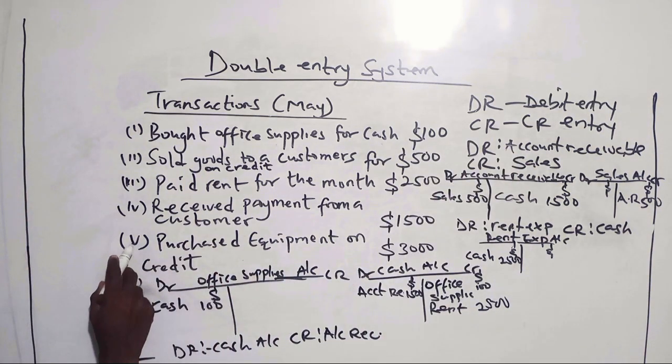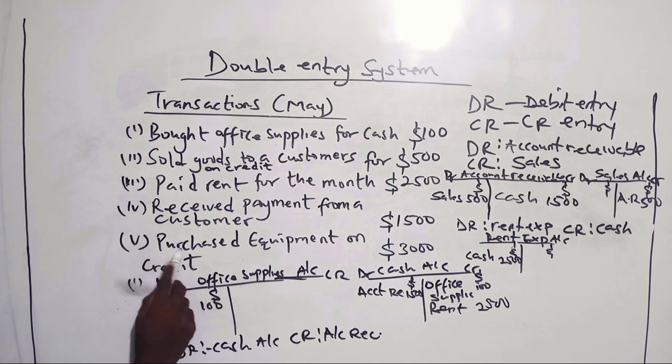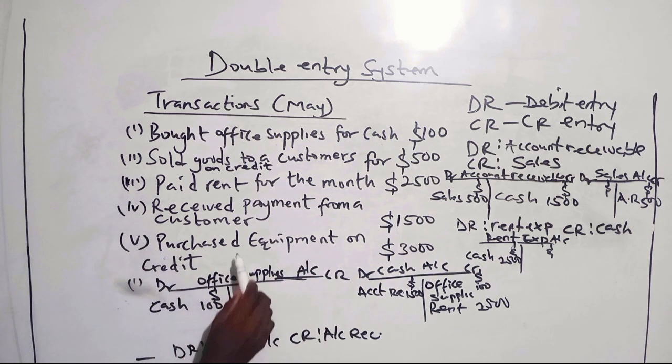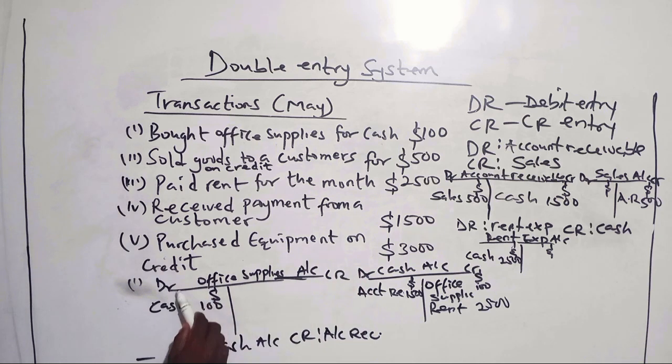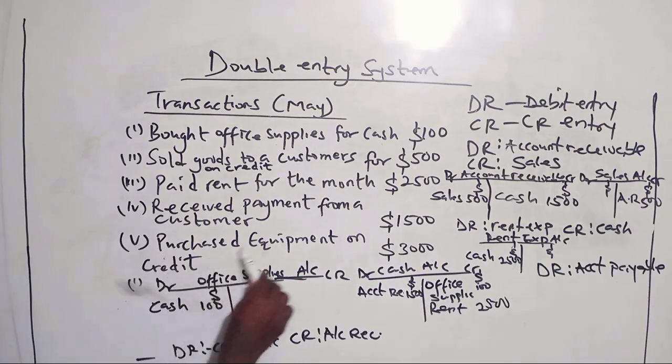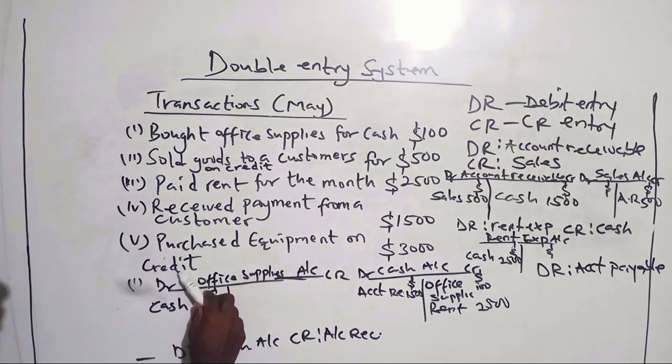Now, number five, we purchased equipment on credit. We are buying from our suppliers, so we have equipment from them on credit.